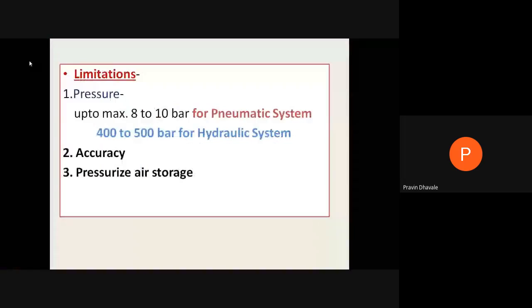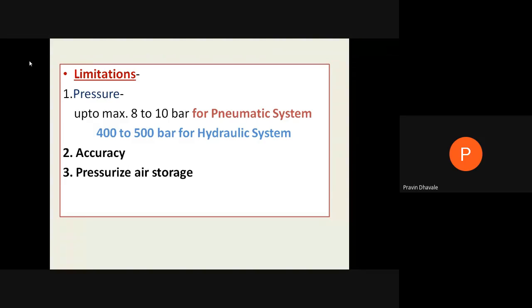Second, it is related with the accuracy. Due to the compressible nature of the air, because in case of a pneumatic system, we are using air as a working medium, and to carry out certain kinds of applications, right? We require the compressed air.